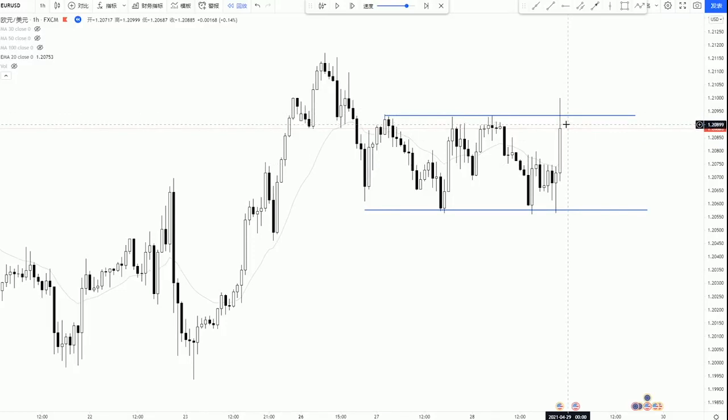Some people say you can judge breakout success or failure by combining volume, but the success of the breakout is mostly an afterthought, and I personally have studied for a while that volume is not particularly useful. So let's move on.